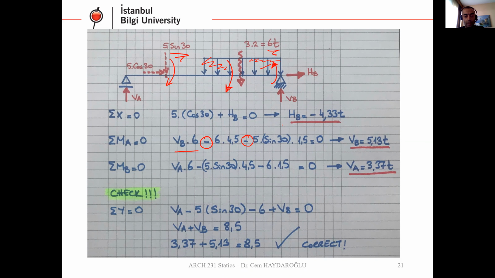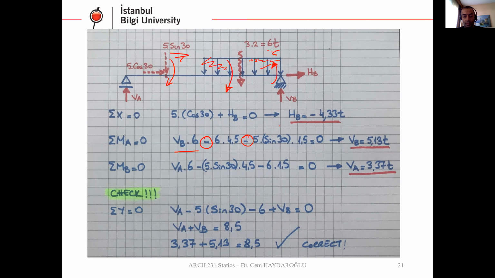Okay. Then we have total MB equals 0. So here VA times 6 minus 5 times sine 30 times 4.5 minus 6 times 1.5 equals 0.